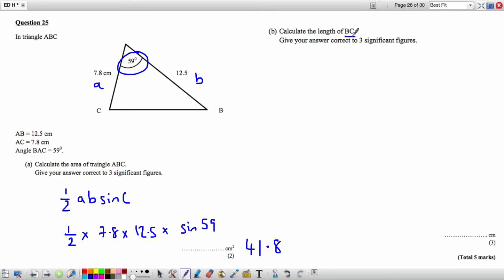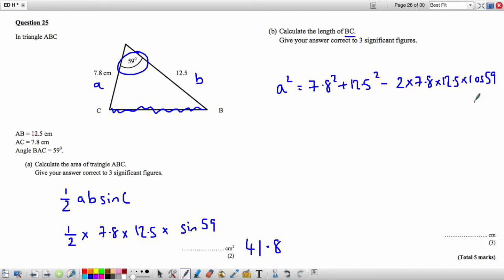To find the length of BC, the line across here, we use the cosine rule. To do this, we are going to find the length a squared, and we do this by first off the 2 sides squared added together. Subtract 2 multiplied by the sides, 7.8 multiplied by 12.5, multiplied by the cos angle enclosed, 59.